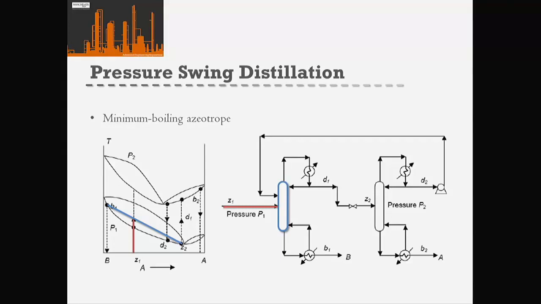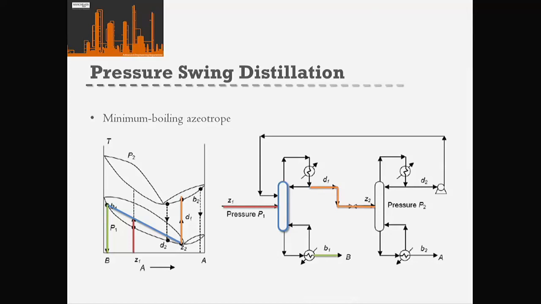We can't jump over that azeotrope. So that allows us to take off our bottom product that essentially meets our specification of component B, but then we're stuck with a top product defined by our azeotrope composition.